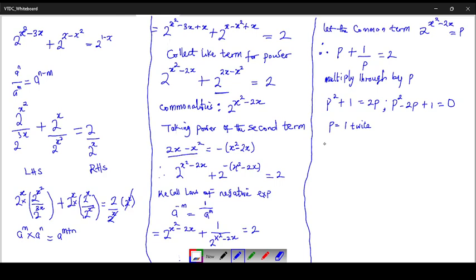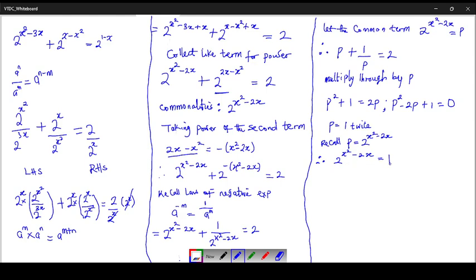Since p is equal to 1, we could recall what p used to be: p is equal to 2 raised to the power of (x² − 2x). So I'm replacing it. Therefore, we have that 2 raised to the power of (x² − 2x) is equal to 1.